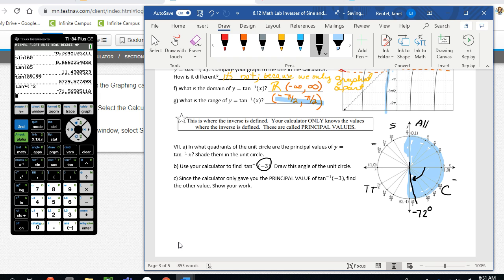So my other line's coming up this way, and this is 72 degrees. What is this value? You find it by taking 180 minus 72.